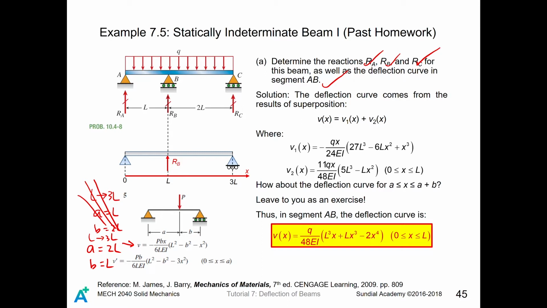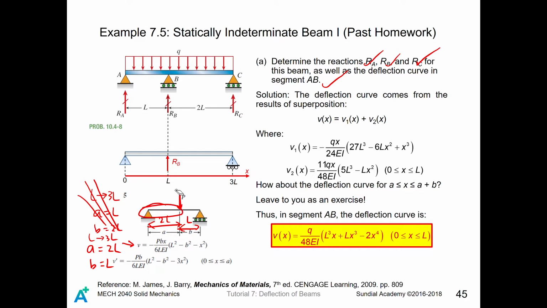For example, just now you had P over there at L, and you get an equation. The way you can do it is that you move the P over there so that it becomes 2L, and on the right-hand side it becomes L, and then you get the deflection curve of the left-hand side.